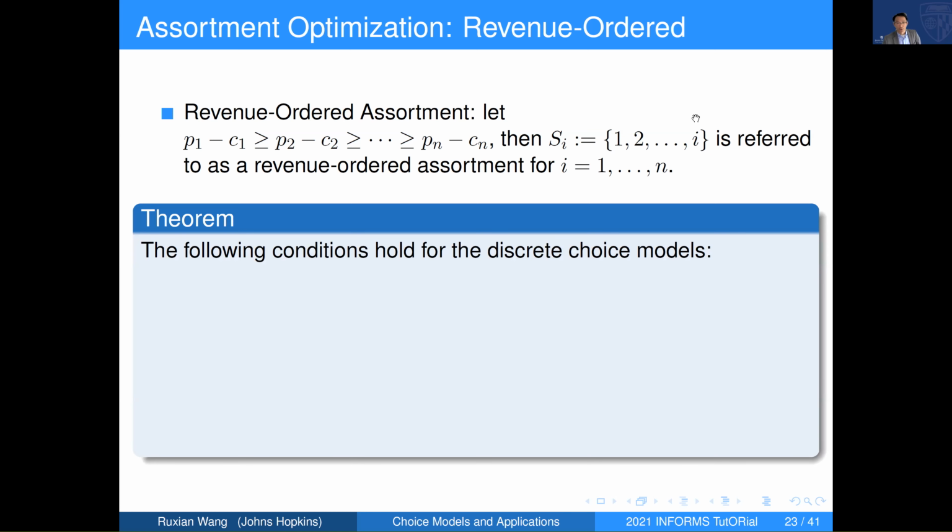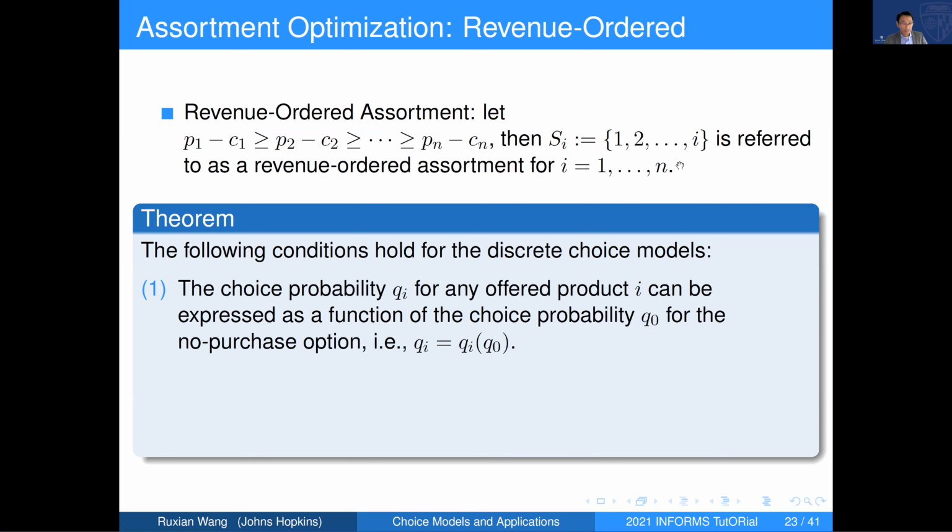And we consider some conditions for the discrete choice model. The first one: the choice probability Q_i can be expressed as a function of the choice probability Q_0 for the no-purchase outside option.